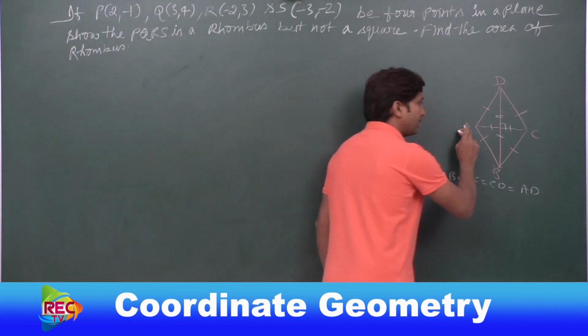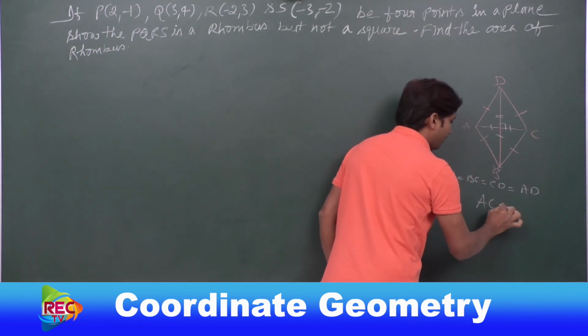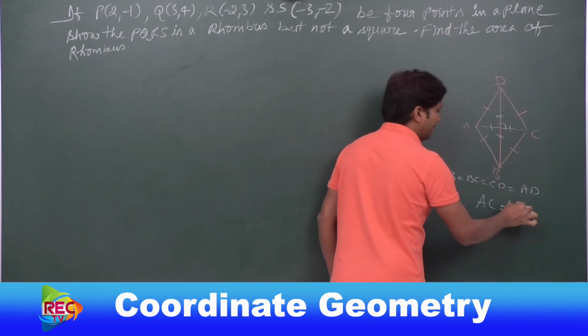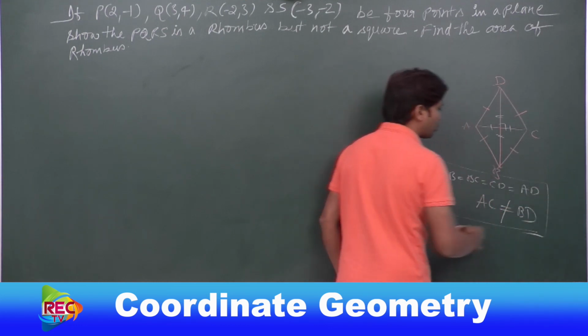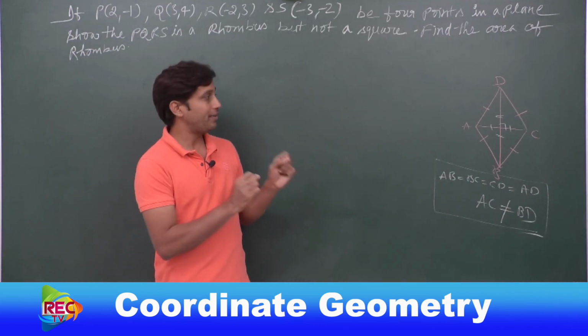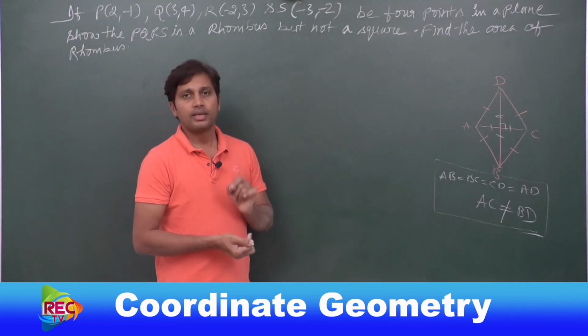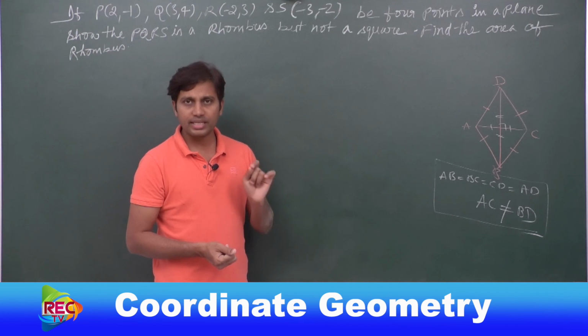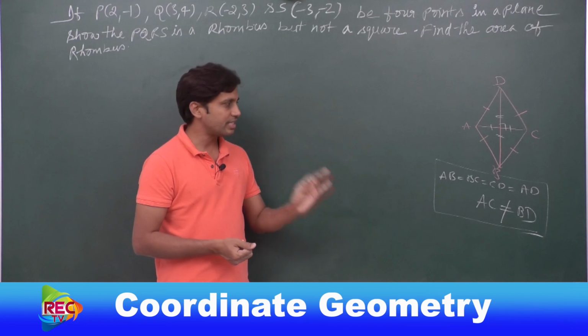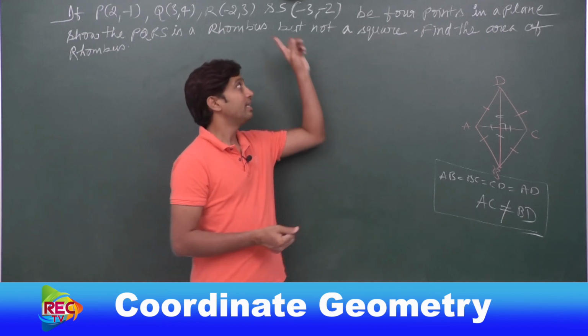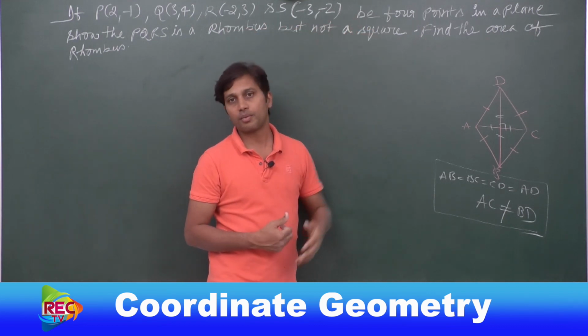Therefore the diagonal AC will never be equal to BD in a rhombus. To prove it as a rhombus, we need to prove that all the sides are equal and the diagonals are unequal. These things are enough to prove that these are the vertices of a rhombus.